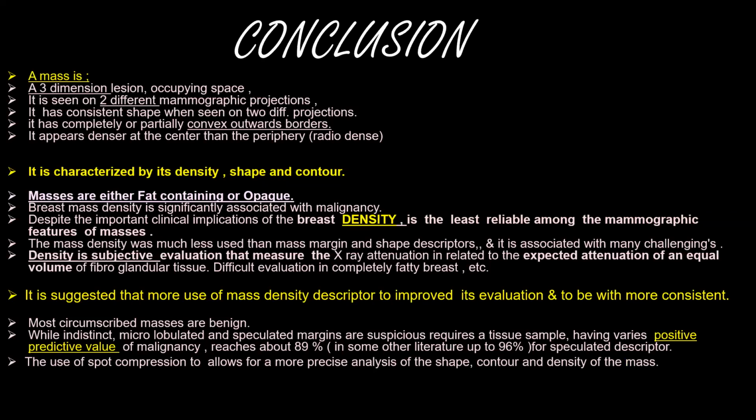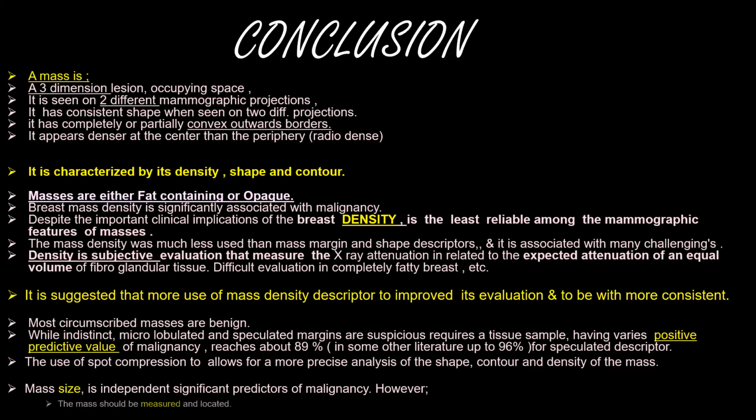The use of spot compression, as you have seen, helps us to further characterize and precisely analyze the shape and the margins of the mass. The size of the mass is an independent, significant predictor for malignancy. However, the mass should be measured and located.